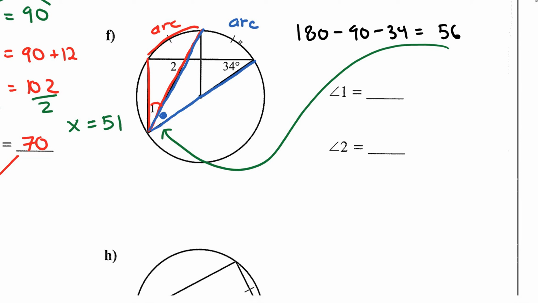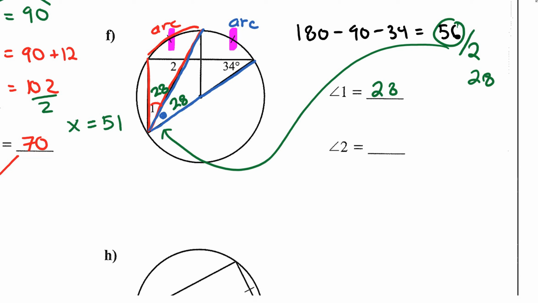And these little markers tell you that these two arcs are equal. So if you have inscribed angles that open to the same arc, then they have the same angle value. So both those angles have to be equal. So I take this 56 degrees and divide that by 2, and that's going to be 28 degrees. So that's going to be 28, and that's going to be 28. So angle number 1, after a little bit of work, is going to be 28 degrees.